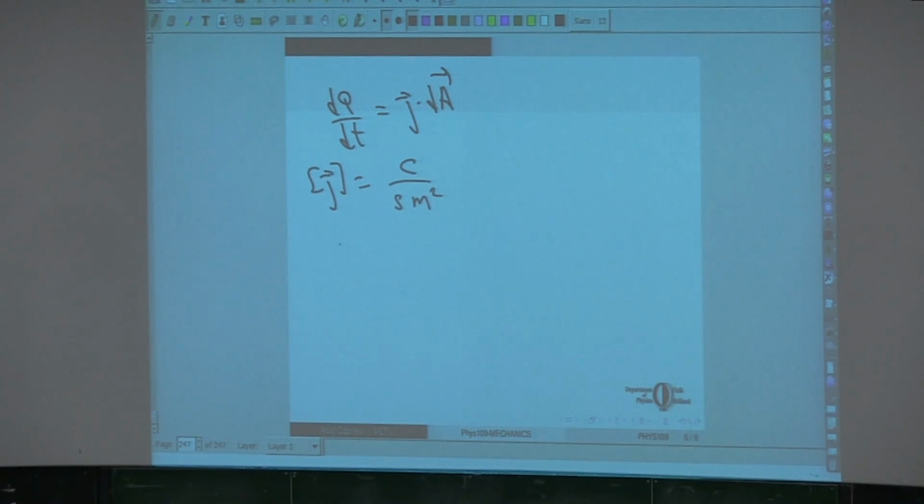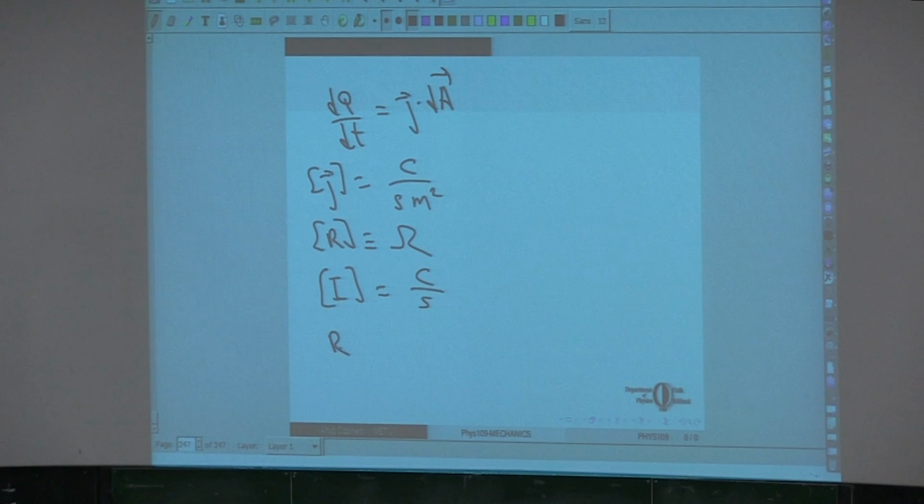Now the resistance, we also define it as ohms. This is just a definition. And if you also note that we have this relation, I has the units, the charge that passes through our wire per second, this is coulombs per second.